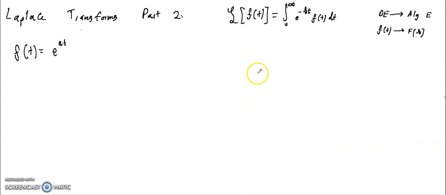Now, we're going to see what happens if we feed in another function, e to the at, into here. We'll go through the integration and all that, and we'll see what it spits out. Then we'll probably go over the Laplace transform table that you will have on your exams by convention.